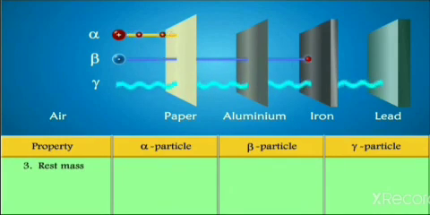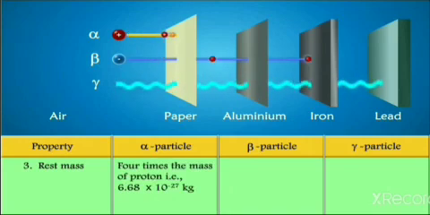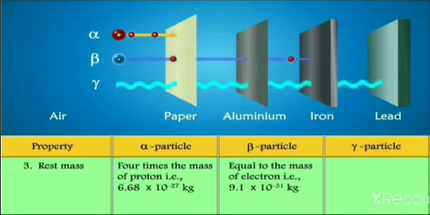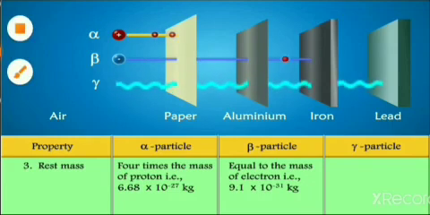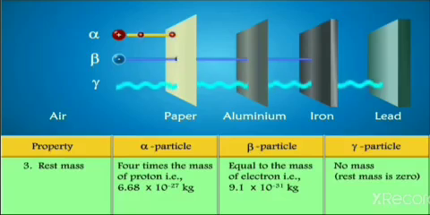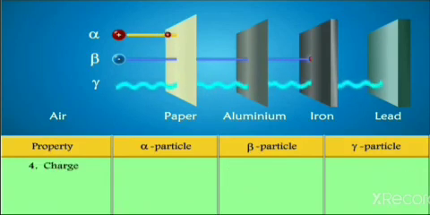3. Rest mass of alpha particle, 4 times the mass of proton, that is 6.68 × 10^-27 kg. Rest mass of beta particle is equal to the mass of electron, that is 9.1 × 10^-31 kg. Gamma radiation has no mass, rest mass is 0. 4.